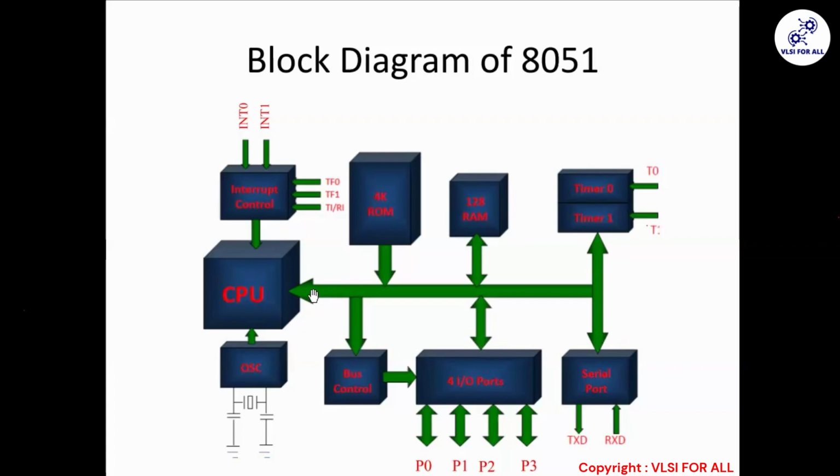Now further, this is the bus, and it is connecting our 4 kilobytes of ROM to the CPU and 128 bytes of RAM to the CPU. Look at how the ROM is interfaced. ROM is one directional. We can just fetch the program, decode it, and ask the CPU to work accordingly.